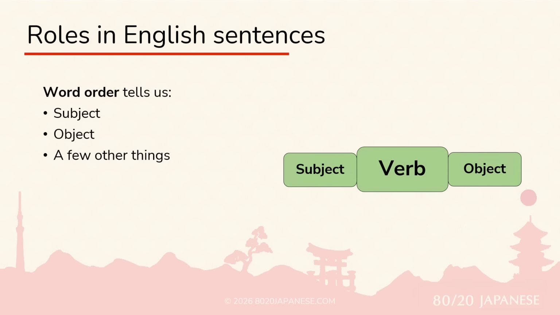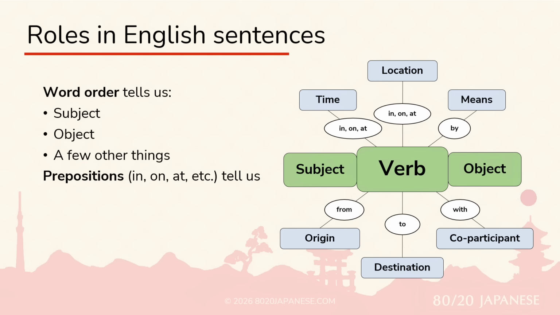The other thing that is used to define roles in English is prepositions. So we have all these examples here: time, location, means, origin, destination, co-participant. We use prepositions like in, on, at, by, from, to, with. And we use those before words or phrases to tell us how they relate to the main part of the sentence, which is the subject, verb, object core.